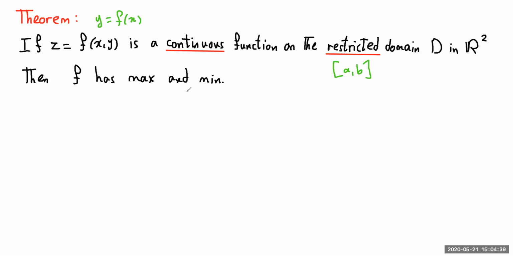So this theorem is a generalization. I have two conditions. First condition, the function must be continuous. Second condition, the region D must be restricted. This means closed and bounded.